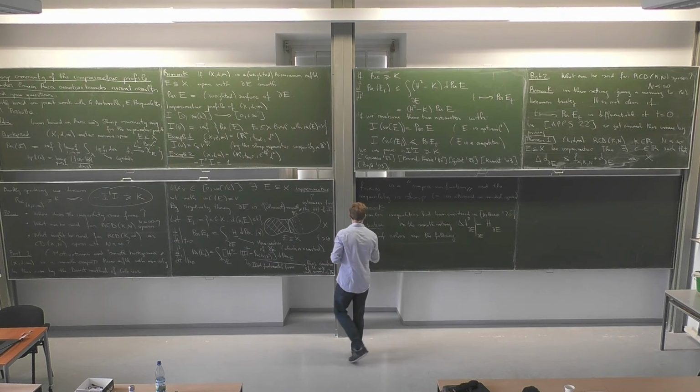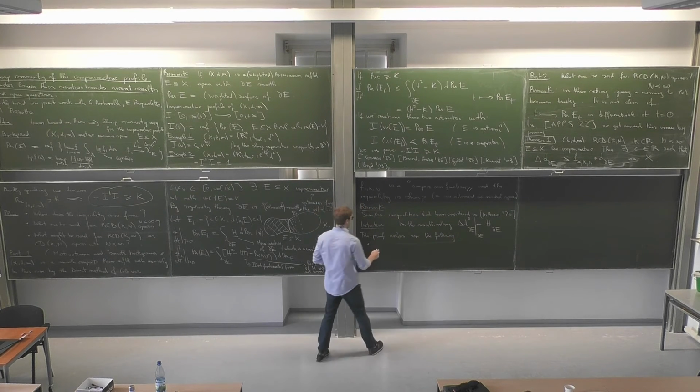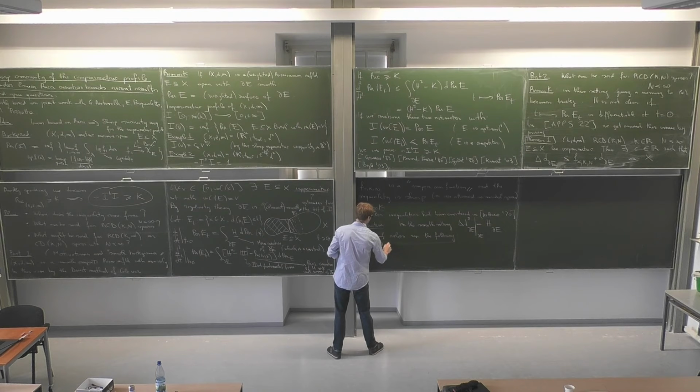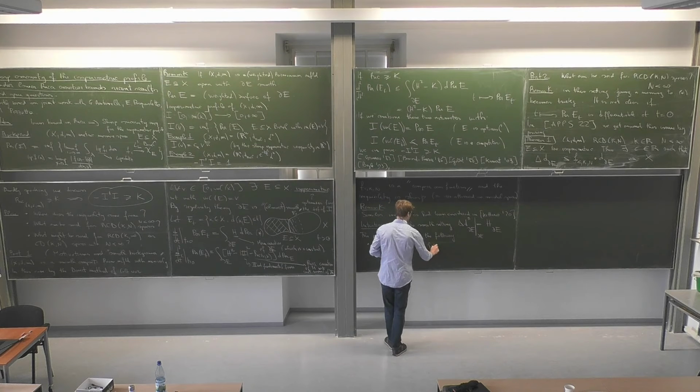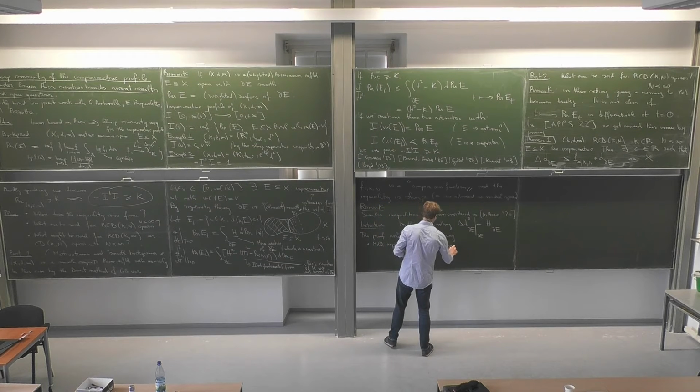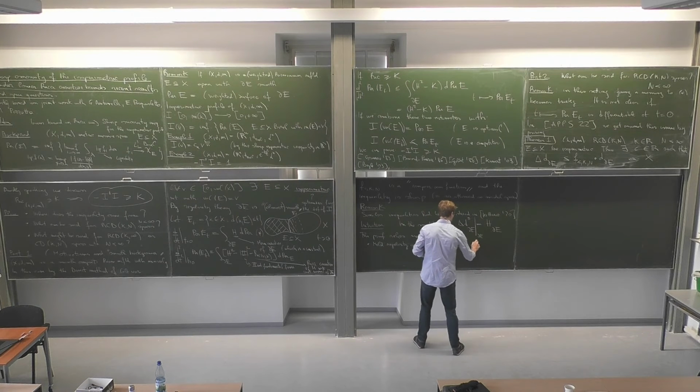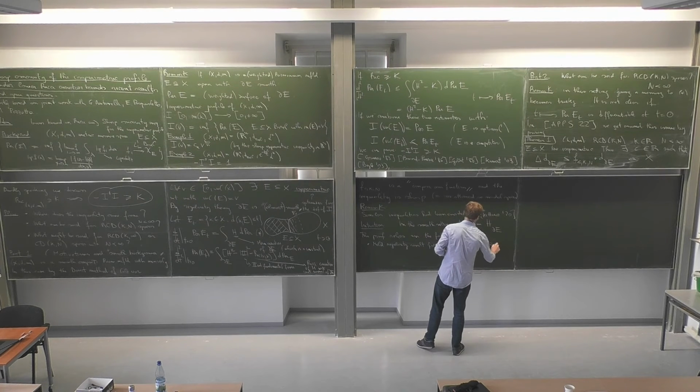So the first ingredient is a mild regularity result for isoperimetric sets in RCD(K,N) spaces.